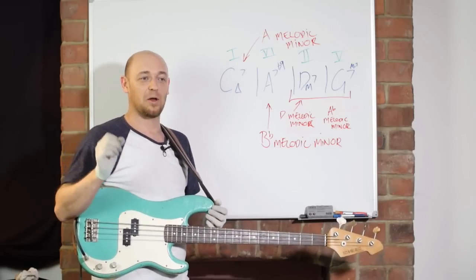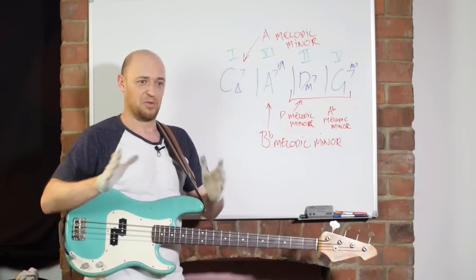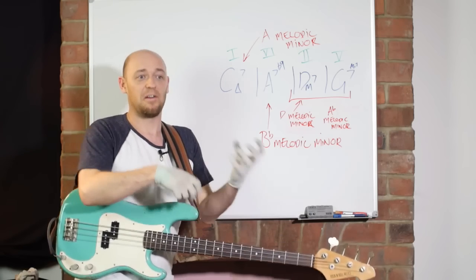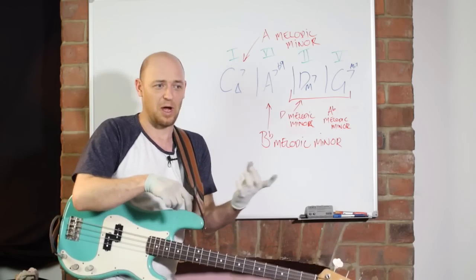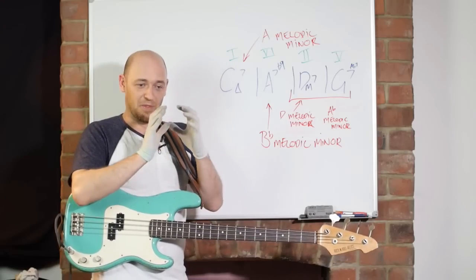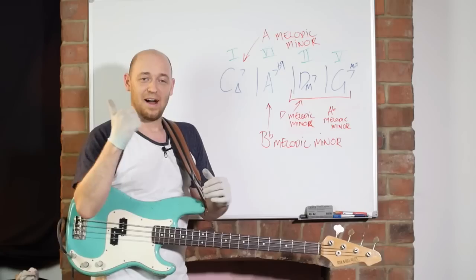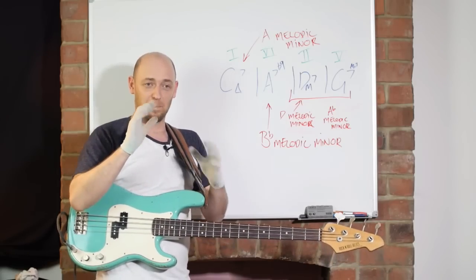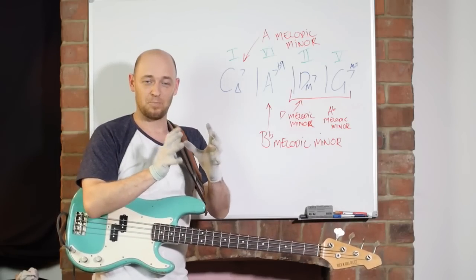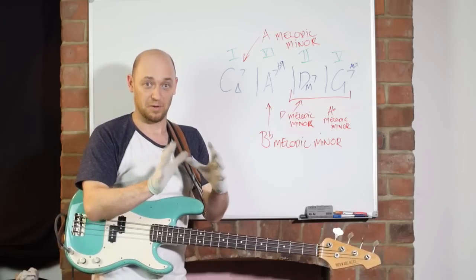And what really helped me is, instead of just knowing the scale and trying to force it in there any which way but loose, I learned the arpeggio that was based on the scale. So that was number one. Two, I learned some particular phrases using that arpeggio that was based on the scale.